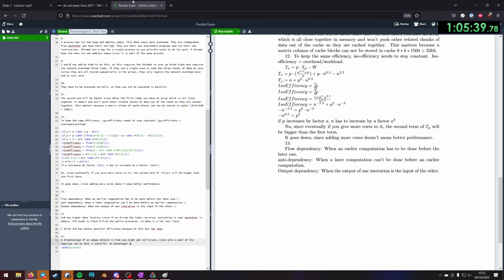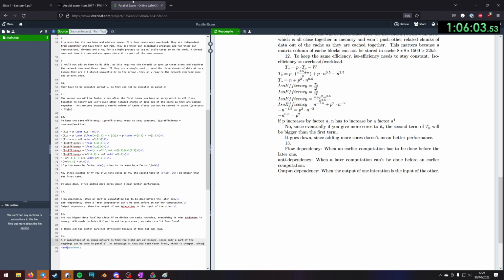The advantage is that you need fewer links, so that has an effect on the cost, which is cheaper. Although you do need smarter switches.